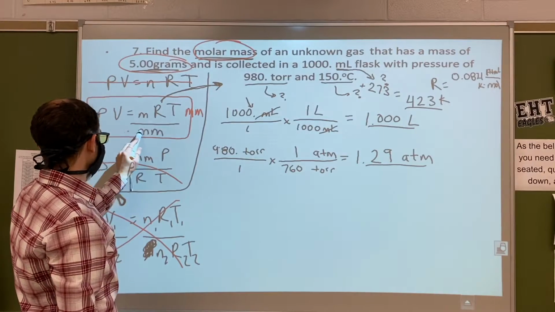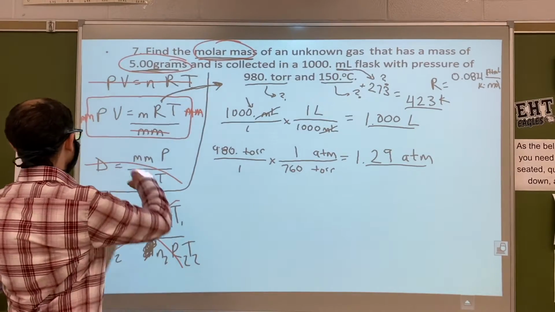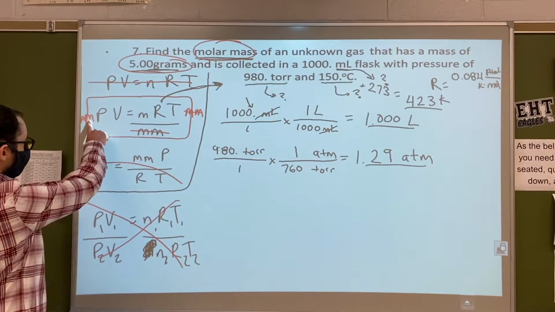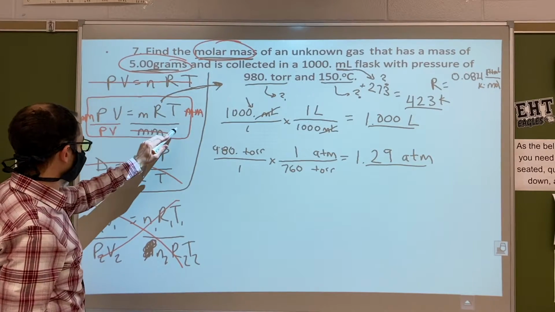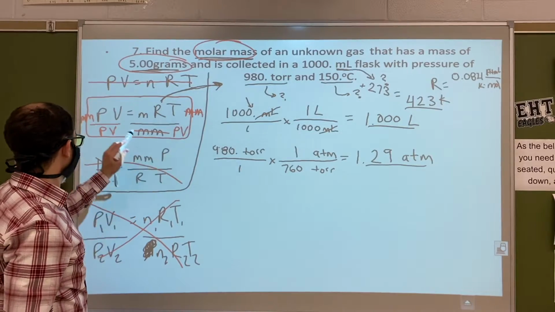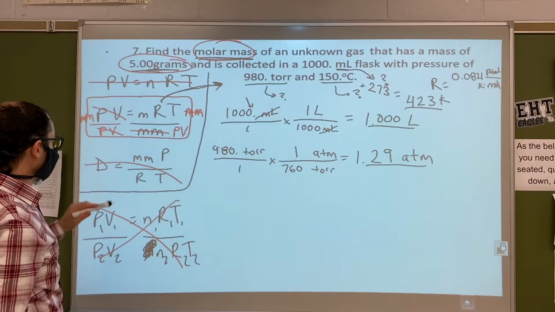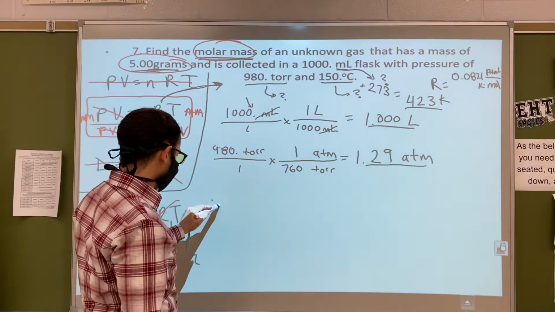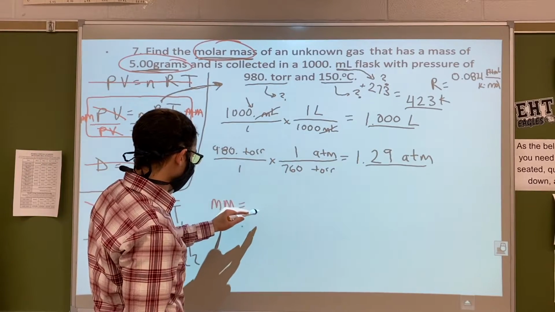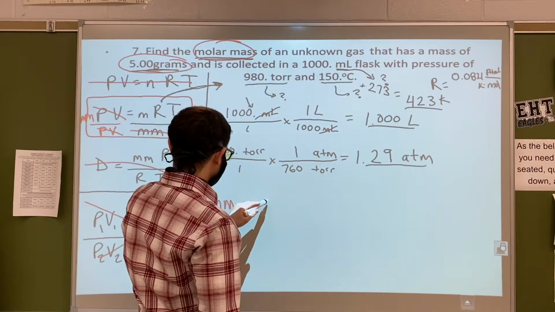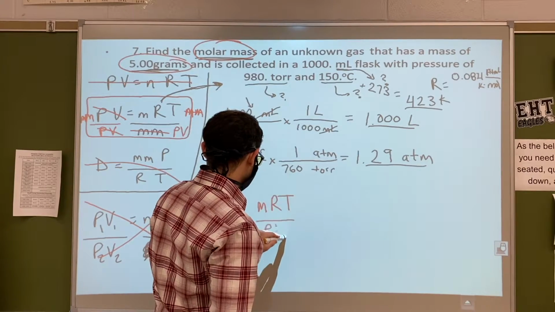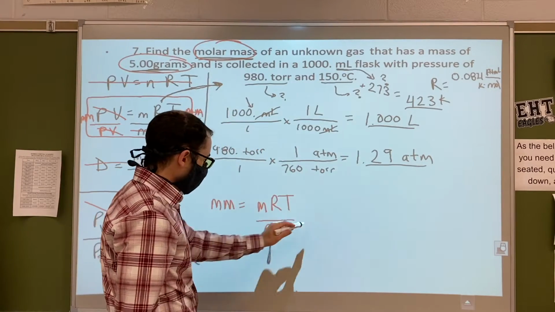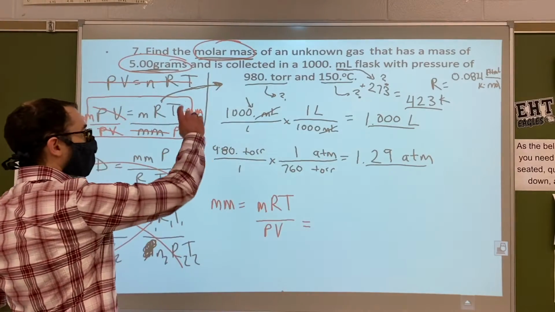They're going to cancel out over here. So now I have molar mass on the top on the left. I'm going to divide by pressure and volume on each side. Pressure and volume are going to cancel out. So now we just have molar mass equals MRT over PV.